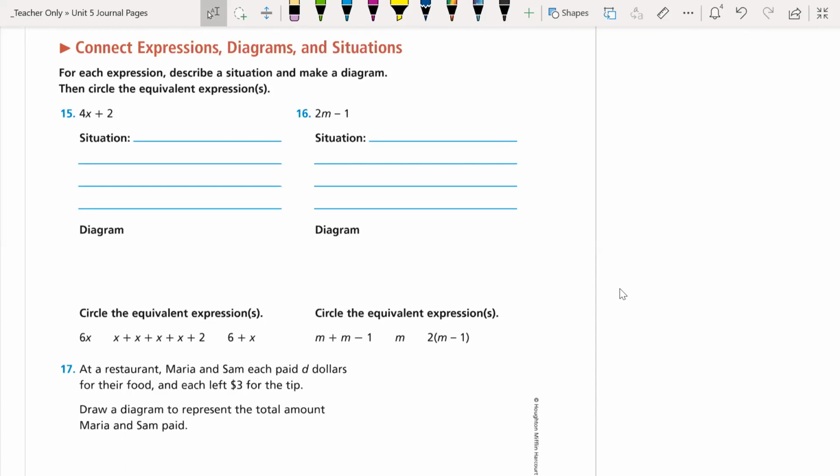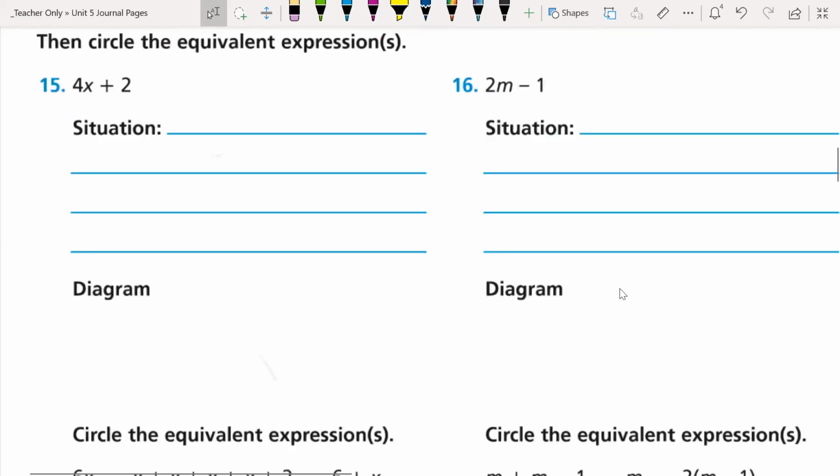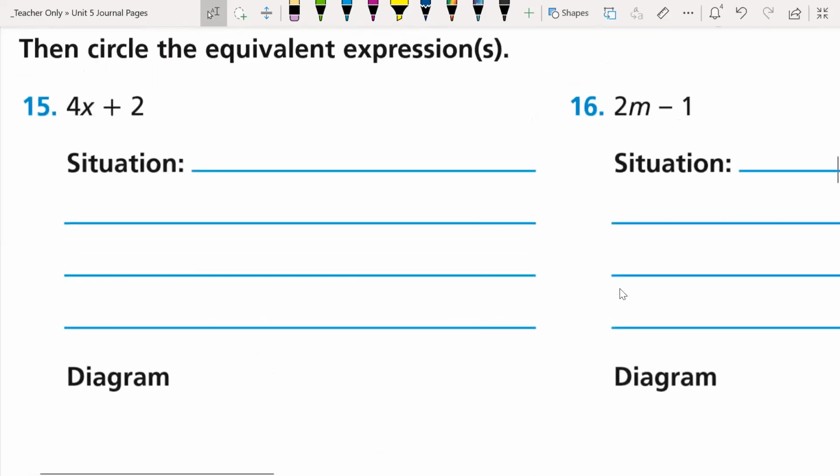So 4x plus 2. Maybe I'll type so that you can actually read the writing.